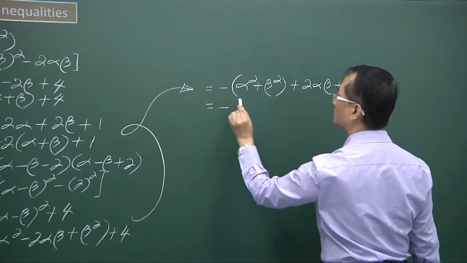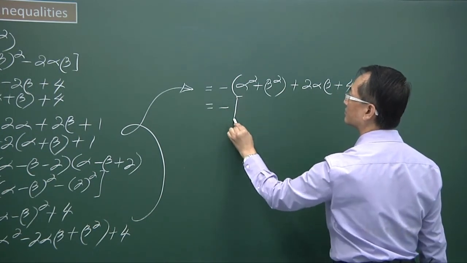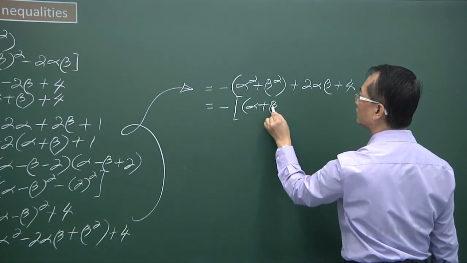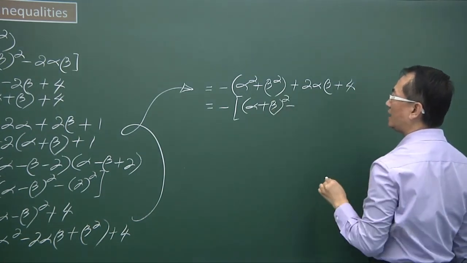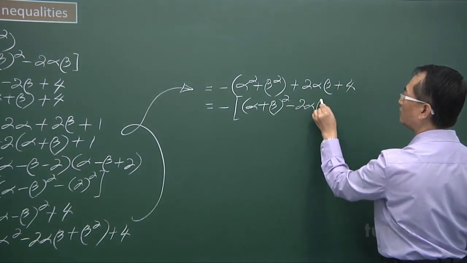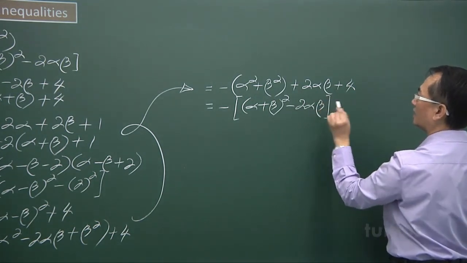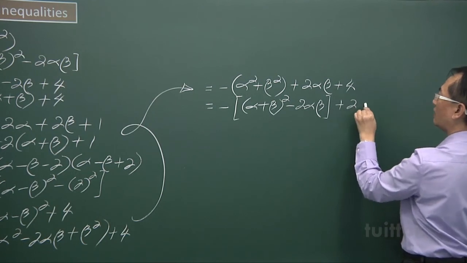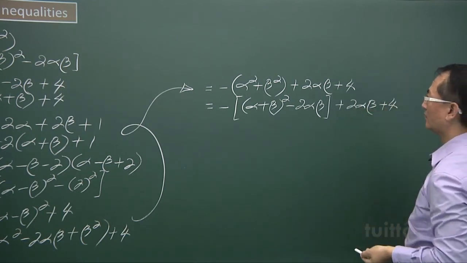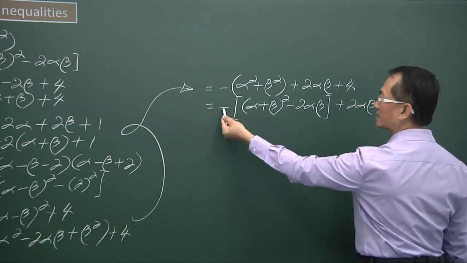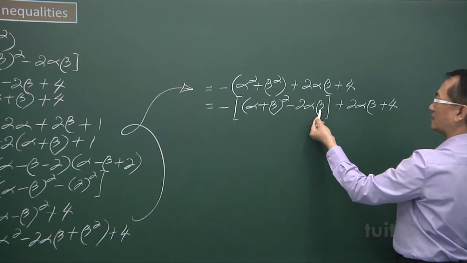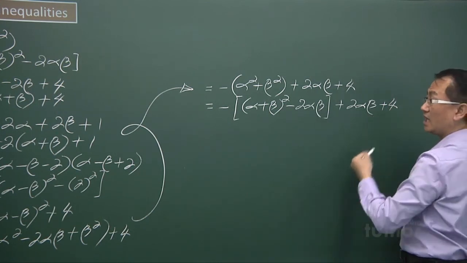That will become the sum of two roots squared minus 2 alpha beta plus 2 alpha beta plus 4. If I just multiply this negative 1 into this, I will have 2 alpha beta plus 2 alpha beta.